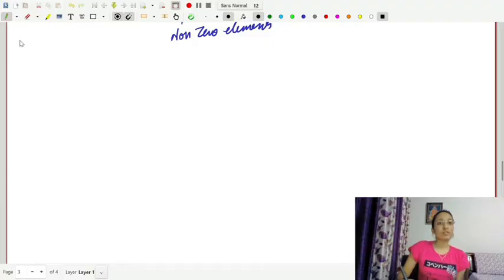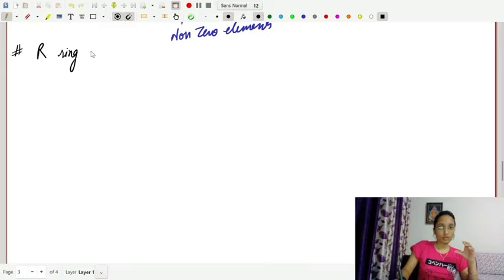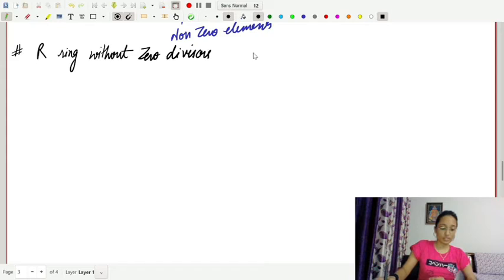Now let's get started. As we have done in the previous problem where we took D as an integral domain, here we will take R, a ring without zero divisors. Basically, this is a property of an integral domain which must hold here.